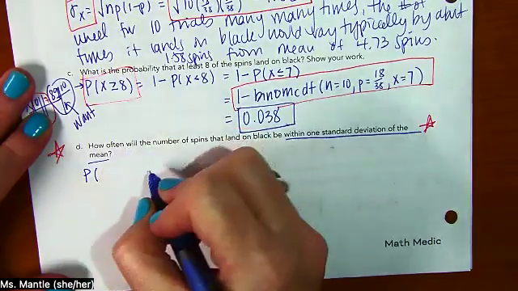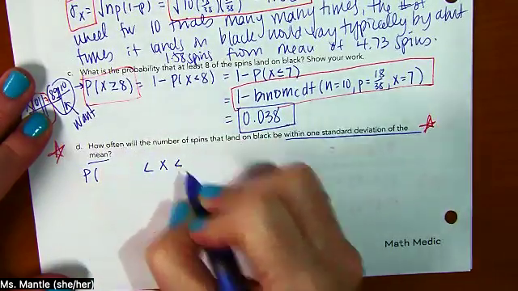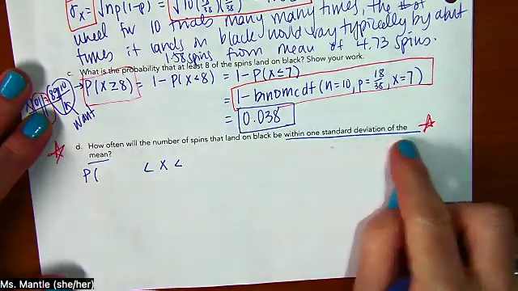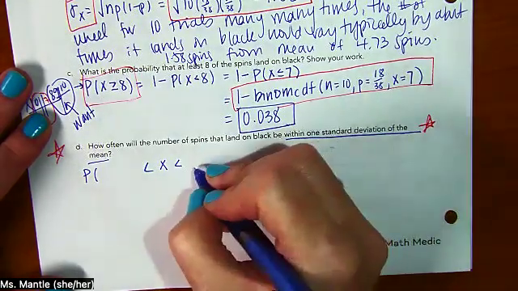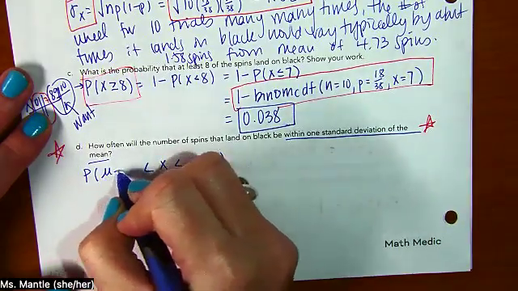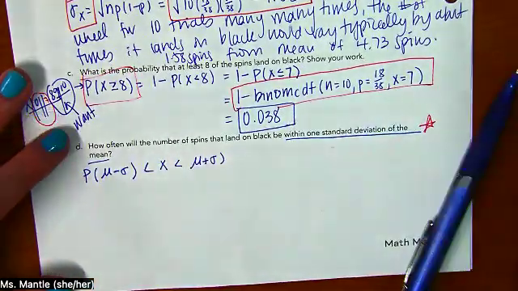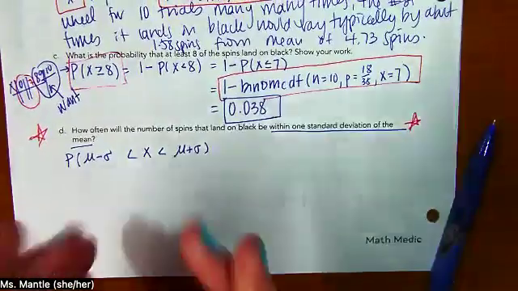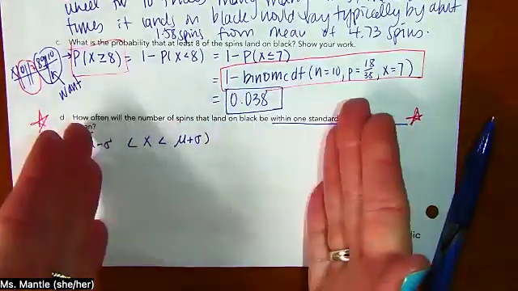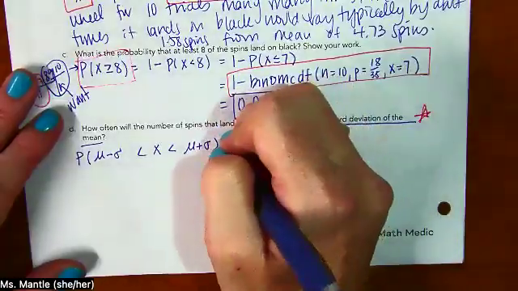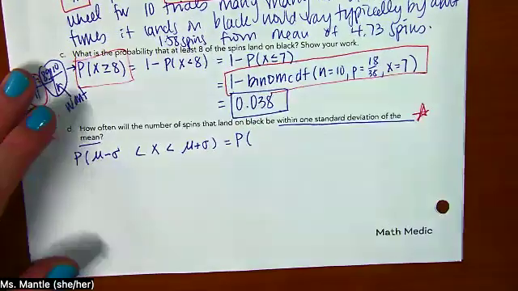I want the number of spins that land on black to be within 1 standard deviation of the mean. That means mu plus sigma on the upper end and mu minus sigma on the lower. So I have my mean and I want to go within 1 standard deviation above and below the mean. Let's calculate that.